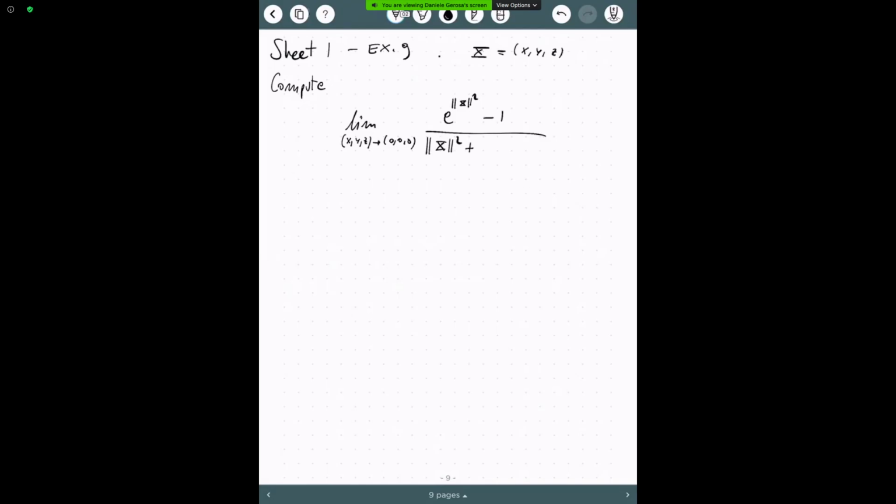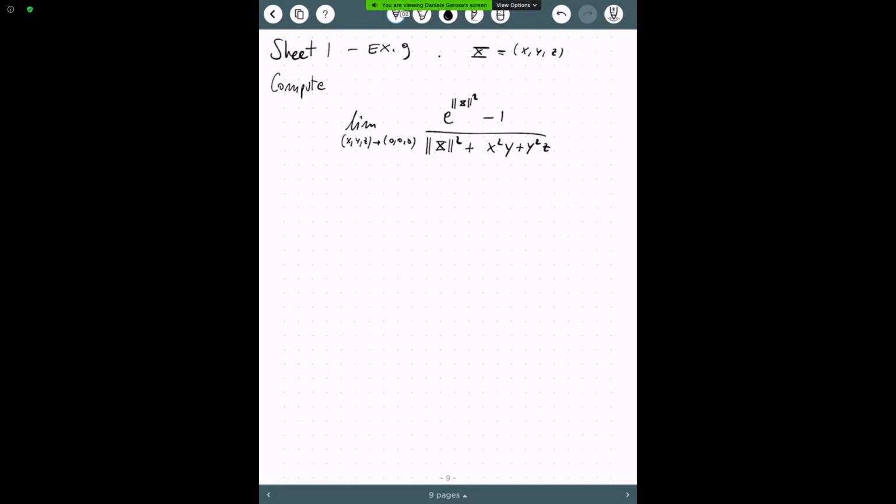plus, here it's x squared times y plus y squared times z. Let me check that I'm solving the correct one, sheet number 1. Yes, I'm just replacing x1, x2, x3 with xyz because it's faster to write.